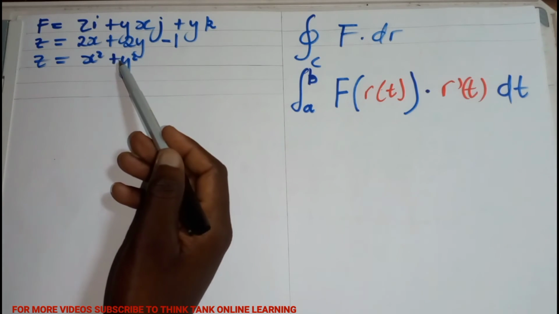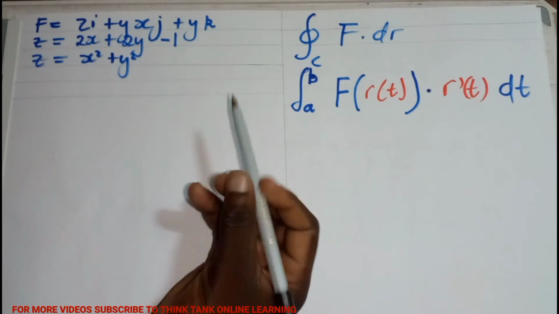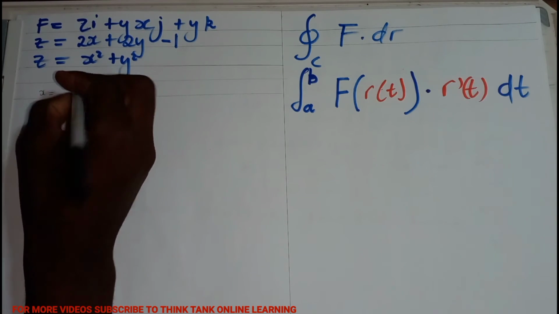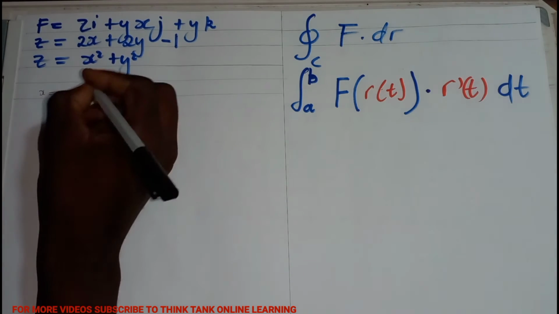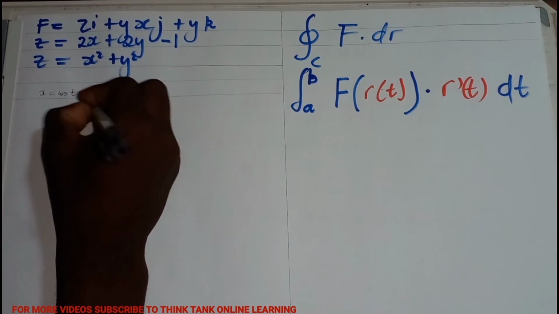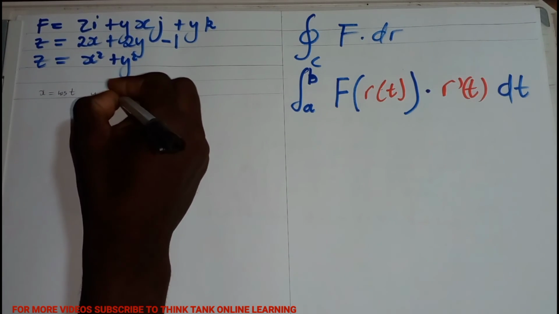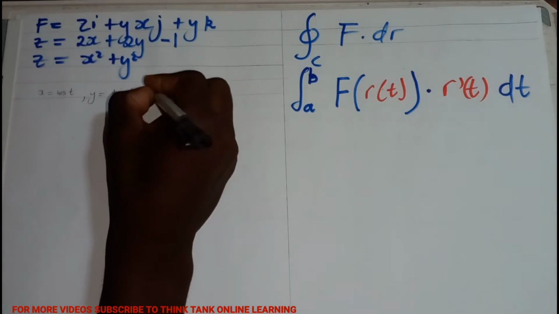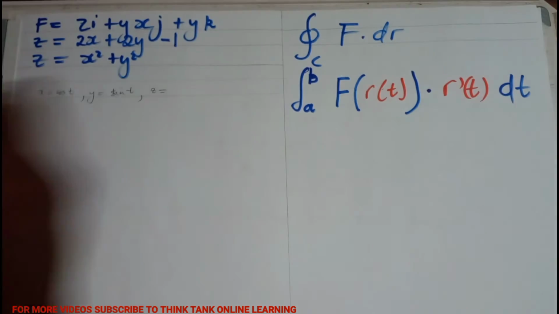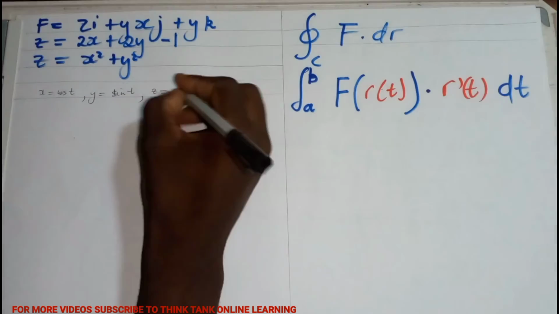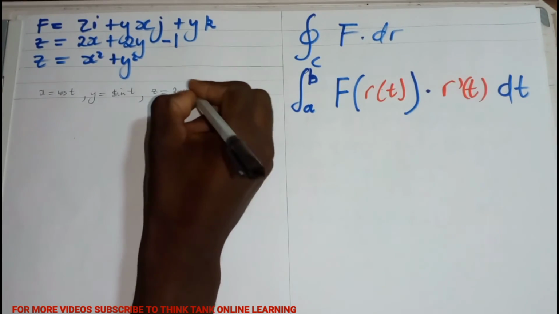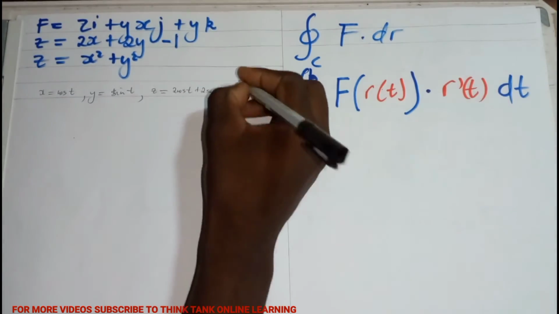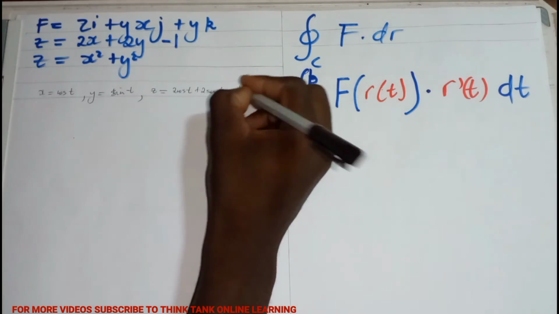The radius is 1, so x equals 1 cos t, because we're choosing t as our parameter. y equals 1 sin t. Then z is equal to 2 cos t, that is 2x, plus 2 sin t, that is 2y, minus 1.